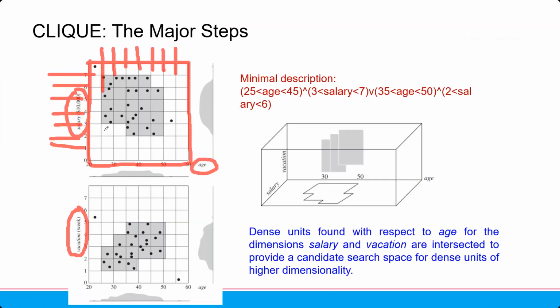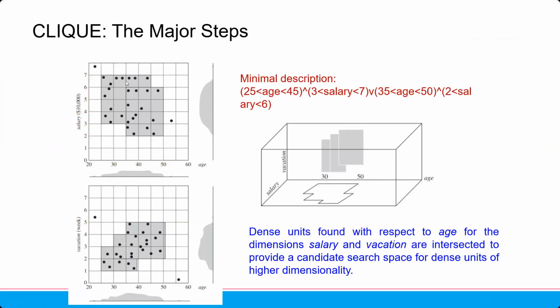So the number of partitions, it is good if it is the same. After you have those partitions, then we plot the data. What is the data? Okay, let's assume this is the data, and find the minimum description for this one.